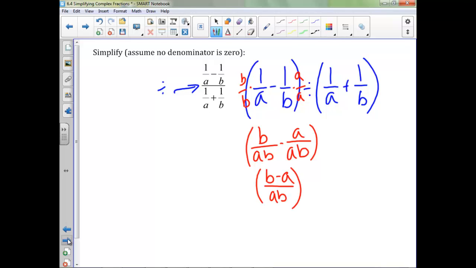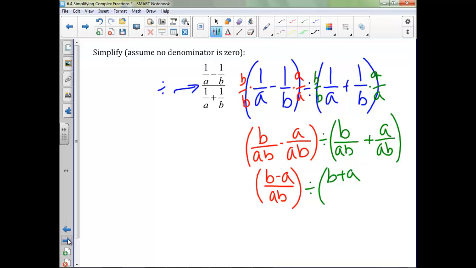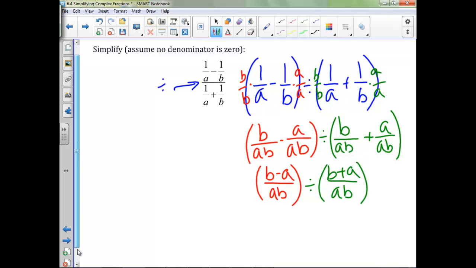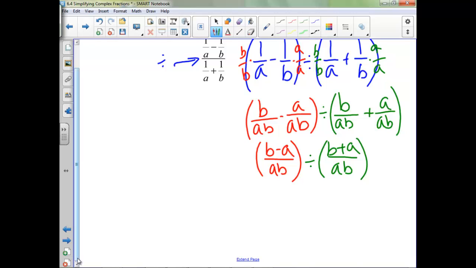And I like to just keep that side, and then I'll go to the second side. So over here, once again, our common denominator is ab. And now that we have one fraction divided by a fraction, we can change this to multiplication by the reciprocal.